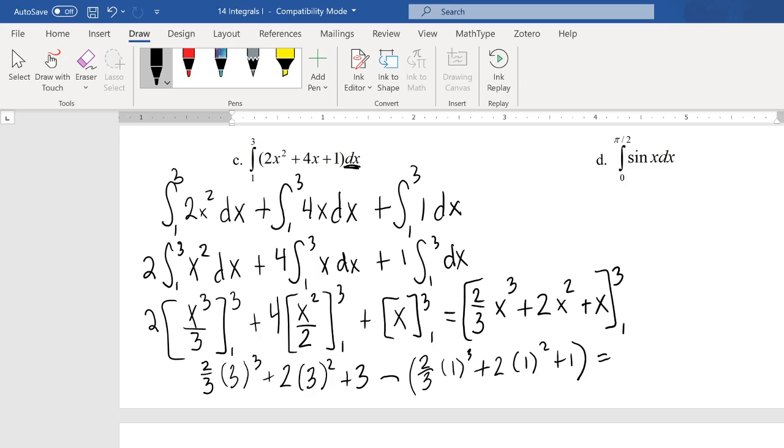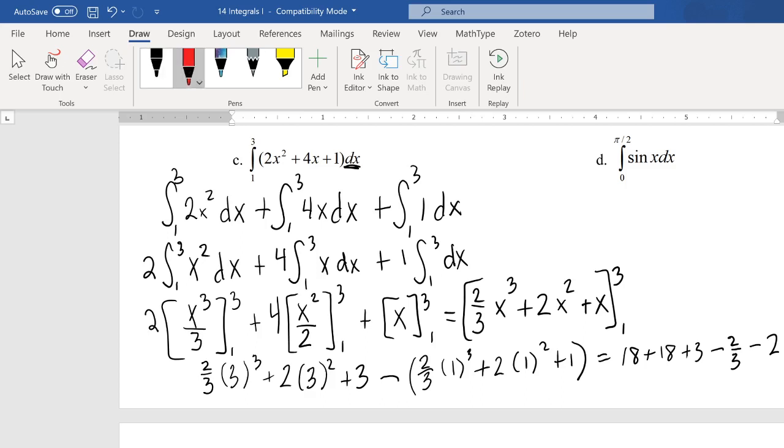So let's see, we've got 2/3 times 3 cubed. That's going to be 18. So is this next term. Then we need to subtract everything that comes out of this second set. So this will be minus 2/3, minus 2, minus 1.